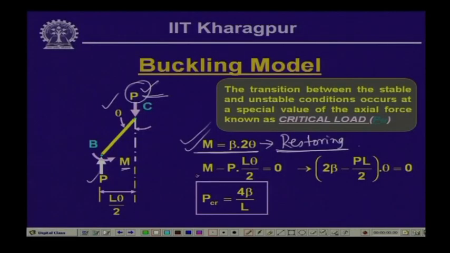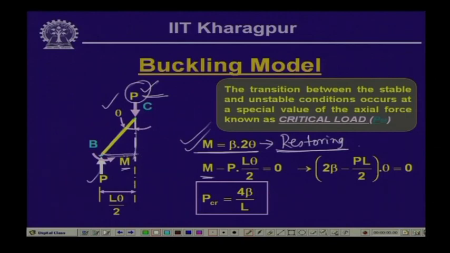When the axial compressive load P is equal to the restoring moment in this particular model, it will be in a just state of equilibrium, and any additional load will cause the instability of the member, or the member is going to collapse due to the unstable situation. So, if we take the moment of all these with respect to B, M minus P times, now this is theta and this length is L by 2.